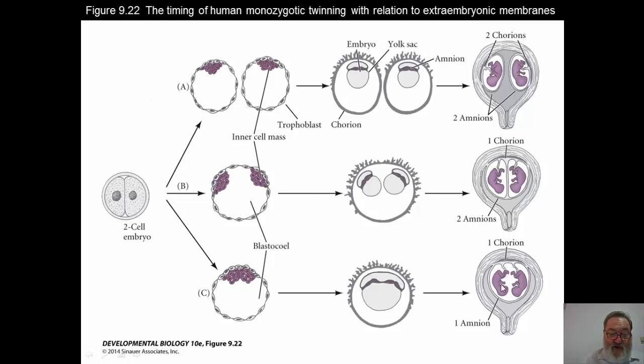So you could get twins or multi-headed individuals. You could get twins that are joined together in various parts of their body, or you could have an individual that has a body with two heads. So there are various things that can happen in these kinds of situations.